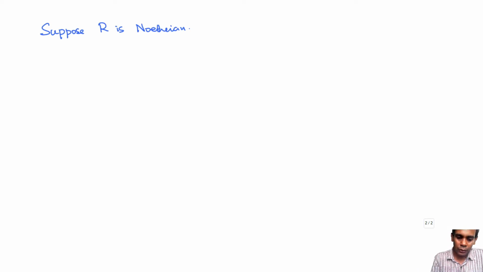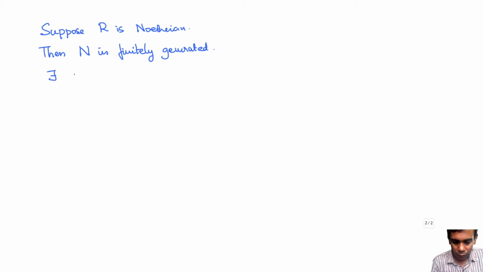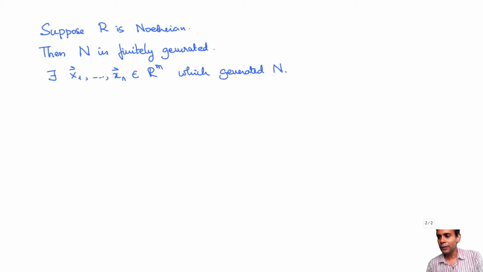And so that means that N is finitely generated. So that means that there exist vectors x1, x2 up to xn in R to the m which generate N. Right, so there are n vectors which generate N for some integer n.